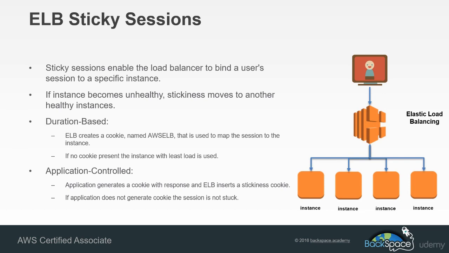It will enable us to stick our session to a particular instance. Now, if that instance becomes unhealthy and is unable to respond to requests, the stickiness will move to another healthy instance. So it's not permanently stuck to an unhealthy instance. It will be moved to another healthy instance, and it will stick to that new healthy instance.